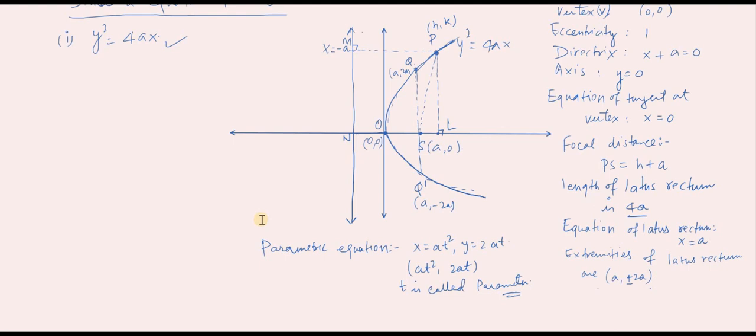As far as derivation of this equation is concerned, it's very easy to derive y square is equal to 4ax. So we have here P as any moving point (h, k), and by the definition of parabola, PM will be equal to PS, or we can say PM square is equal to PS square.